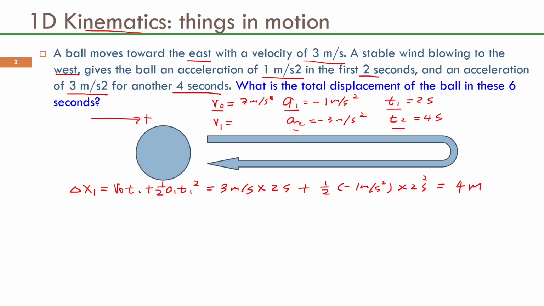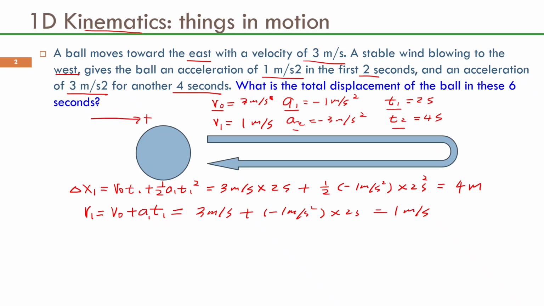So what is that velocity after the first 2 seconds? If we use this kinematic equation, v1 equals v0 plus at, we can find that velocity. If we plug in all the values, 3 meters per second plus minus 1 meter per second squared times 2 seconds, you get 1 meter per second. That means after 2 seconds, your velocity is 1 meter per second.